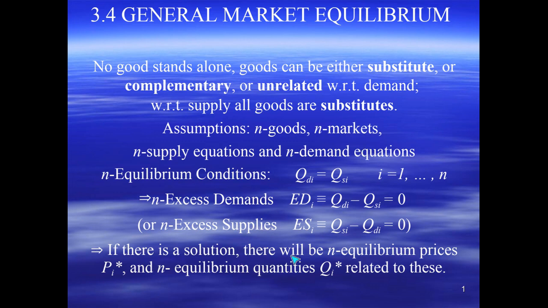If there is a solution, there will be n equilibrium prices, Pi star, and n equilibrium quantities, Qi star.